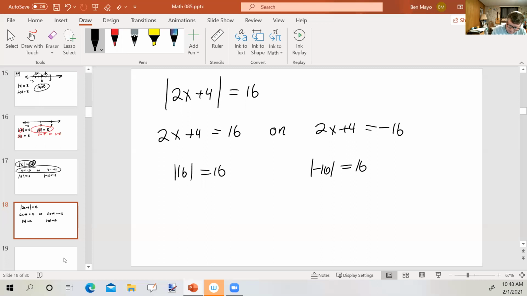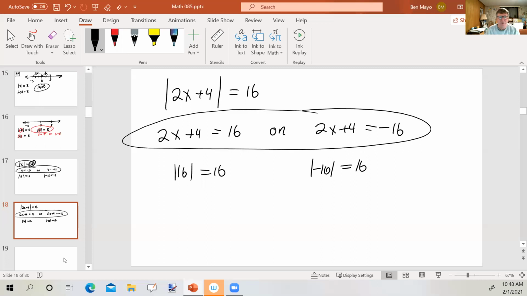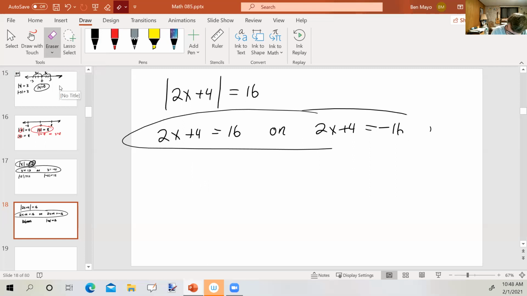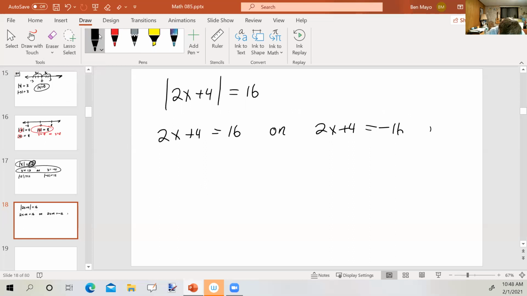So we get, again, these 2 equations, only now they aren't solved already like the previous ones were. So I need to go back here and solve each separate equation.